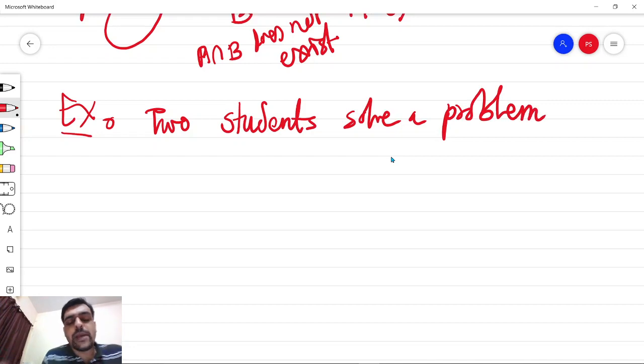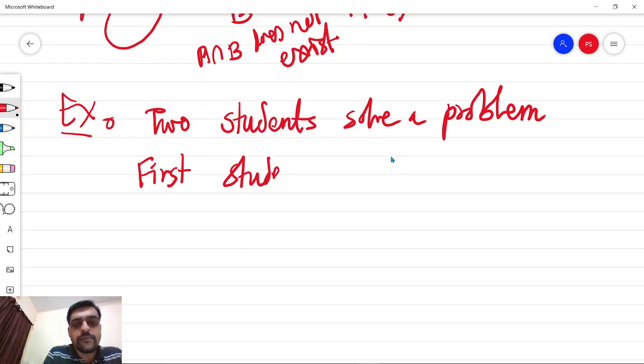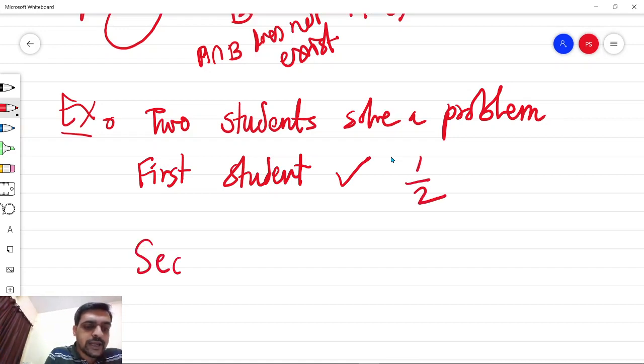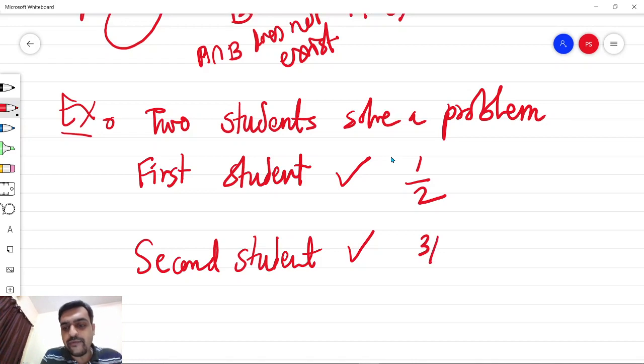So both of them have a different capability. So we can assign a probability that every student is capable of solving the problem. Suppose the probability that the first student solves the problem is 1 by 2, and the probability that the second student solves the problem is say 3 by 4.